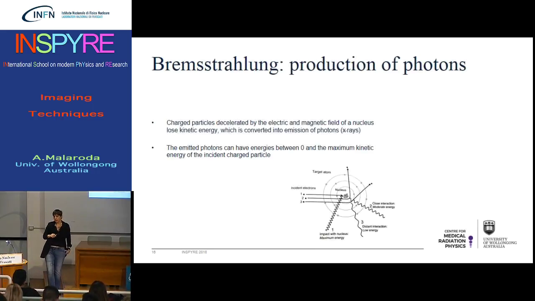So you already know how X-rays are produced. I've got an electron incident to an atom. Depending how far from the nucleus this electron is going to travel, that will determine how much energy the electron is going to lose. So in a kind of head-on collision, electron and nucleus, what is going to happen is the electron is going to lose all the energy.